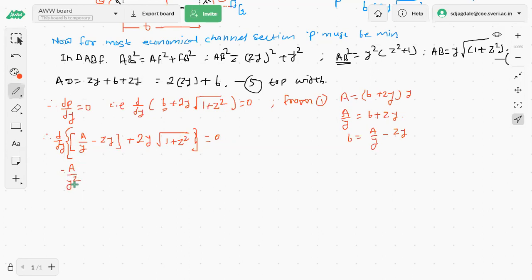Is it correct now? Yes, sir. Then what about zy? It will be only z. Then the next term, 2y into root of 1 plus z square.